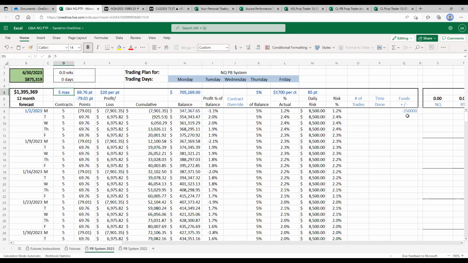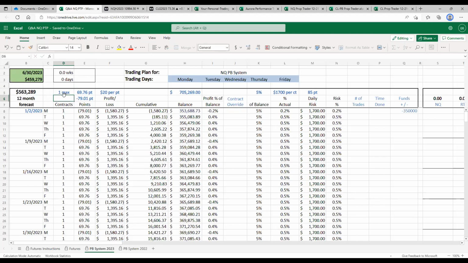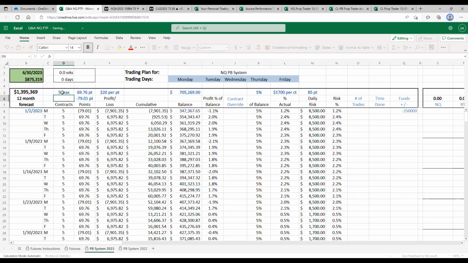So if you're looking for $120,000 a year, this is almost 3 years worth of annual profit. So let's say this year you just only want to trade 1 contract at a time. That's fine too. This personal trading plan allows you the flexibility to evaluate your personal profit goals for your trading business.